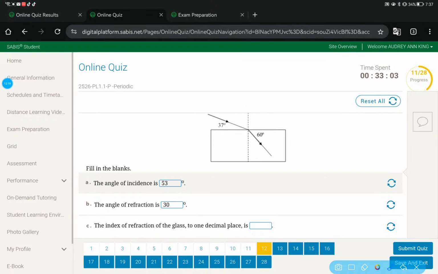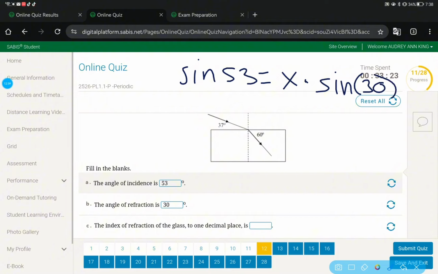Okay, so again we're going to use Snell's law. They said air was 1, so 1 times sine 53 is just sine 53, equals x times sine 30. Now if you put it into your calculator, we know sine 30 is 1 over 2.